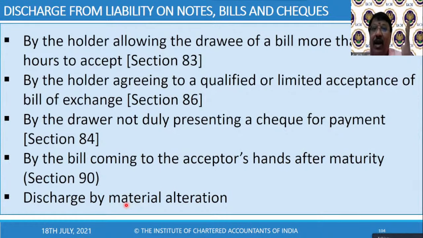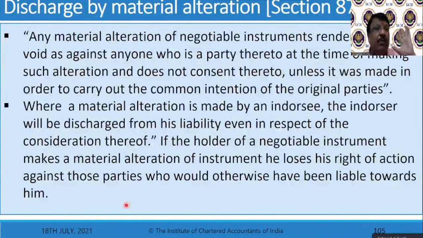If there is a material alteration in the negotiable instrument, then such alteration makes the instrument void as against anyone who is a party thereto at the time of making. Once a material alteration is made, the original drawer and every endorser before that date is out. The guy who gets it, his right is only against the endorser. That's all.